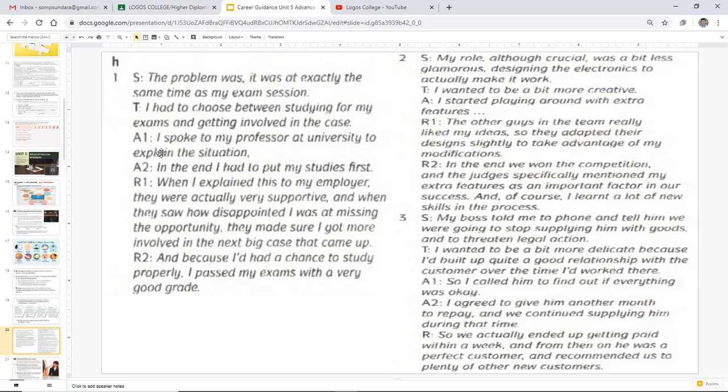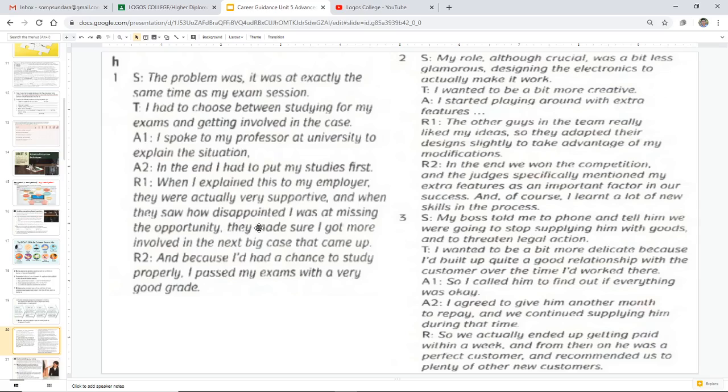He did two things. First one, he spoke to his professor at university and explained the situation. Second one, in the end, I had to put my studies first. So he spoke to his professor and then he decided he was more concerned about his studies than this job. So what was the result? When I explained this to my employer, they were actually very supportive.